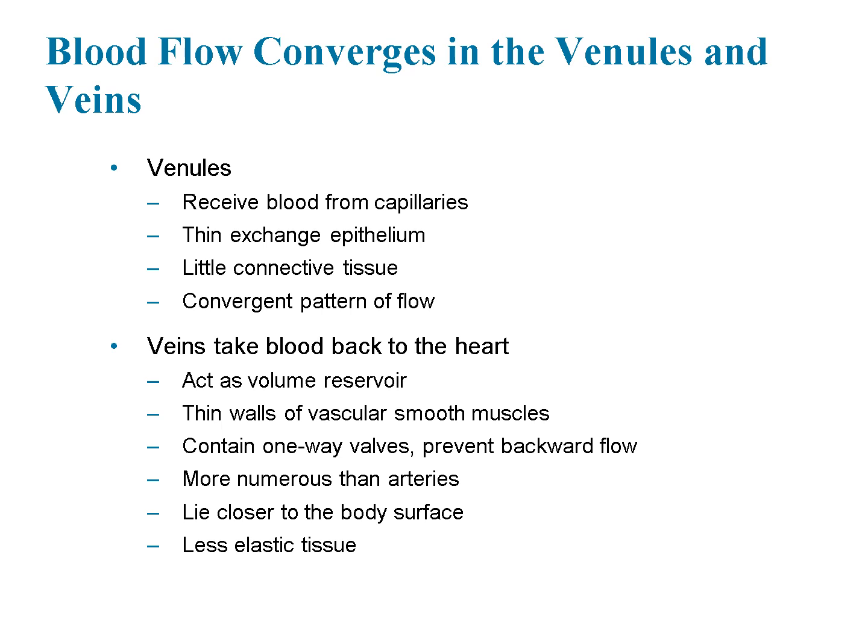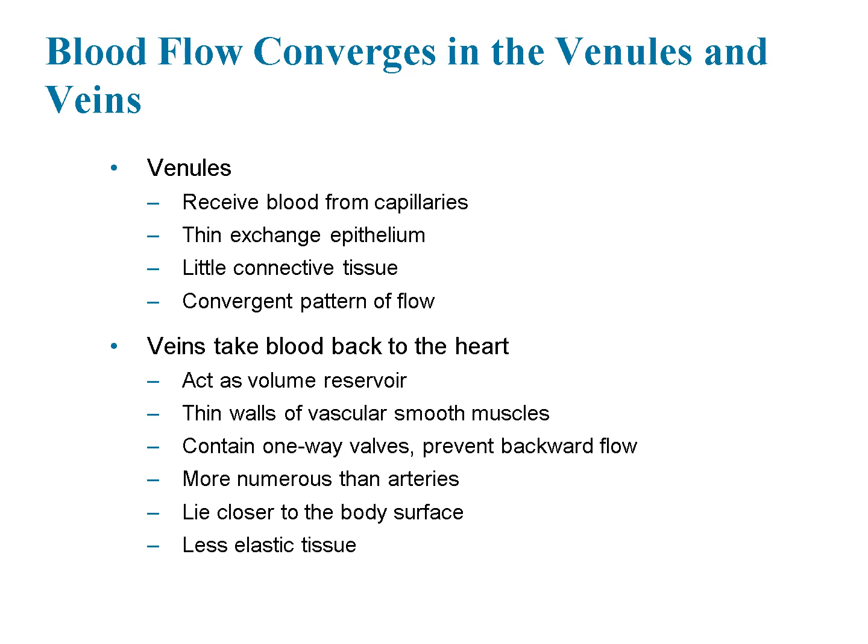Unlike arteries, veins have thin walls of vascular smooth muscle and contain significantly less elastic tissue. They function as a volume reservoir, holding a large portion of the body's blood supply. To ensure efficient circulation, veins contain one-way valves that prevent blood from flowing backward, especially in the lower body where gravity can pose a challenge.